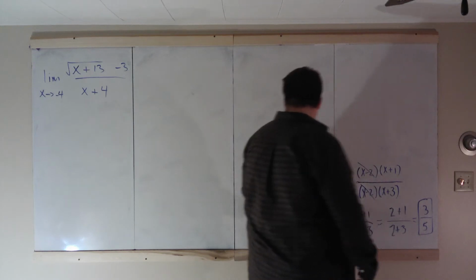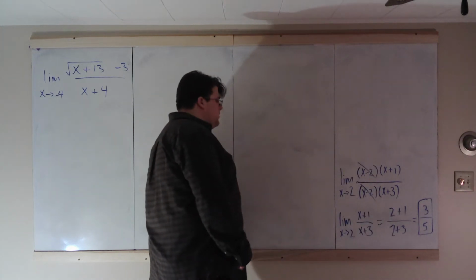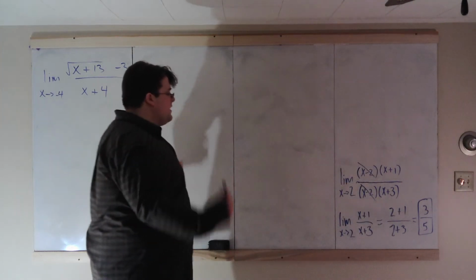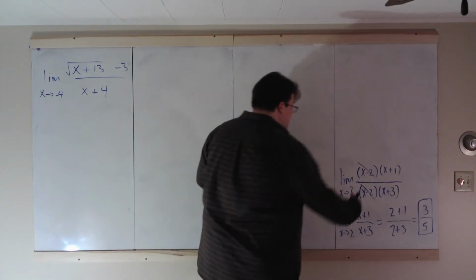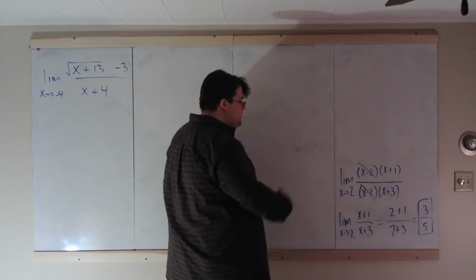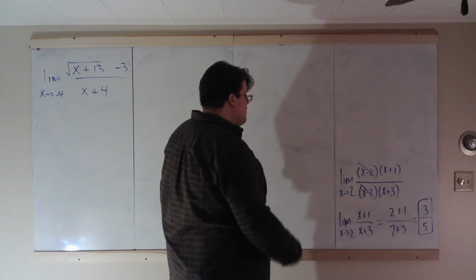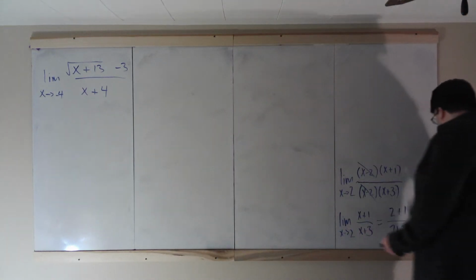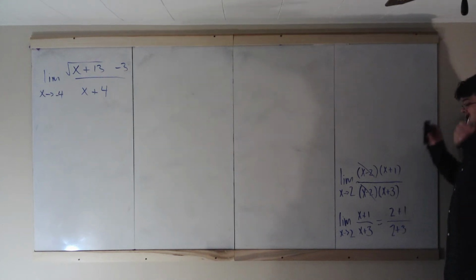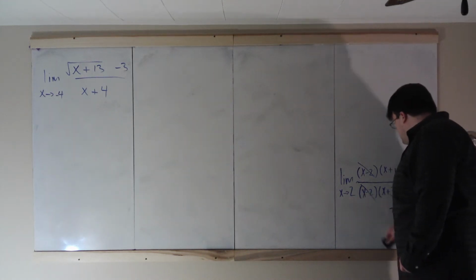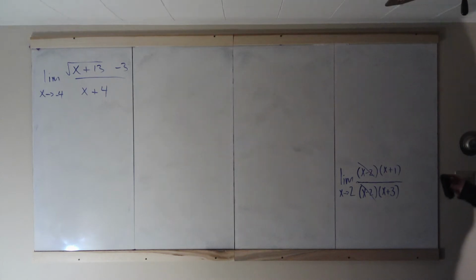Why didn't we? Well, we're taking a limit. The limit does not care what happens, in this case, when x equals 2. When x equals 2, that gives us a 0 over 0. But what happens at 2 doesn't matter. All that matters is what happens close to 2.